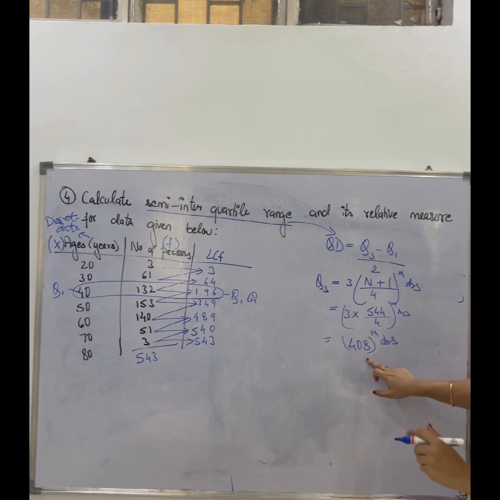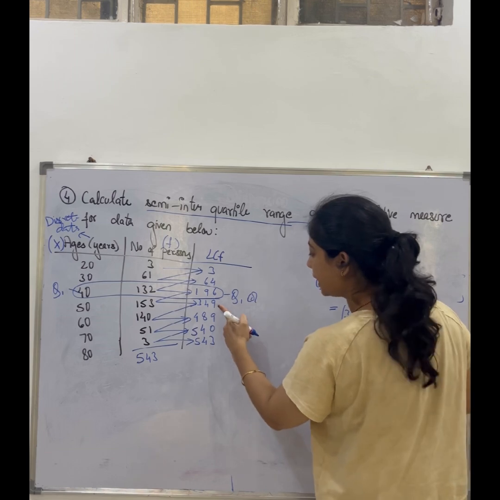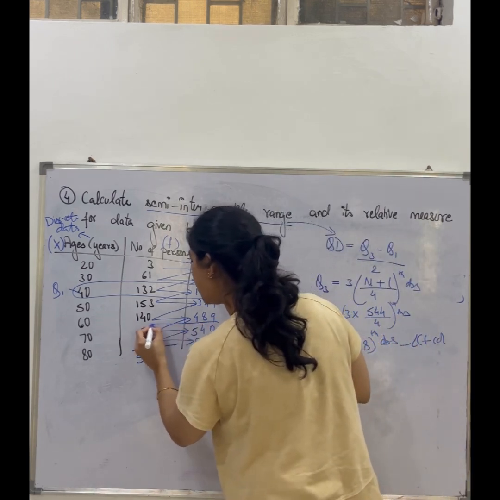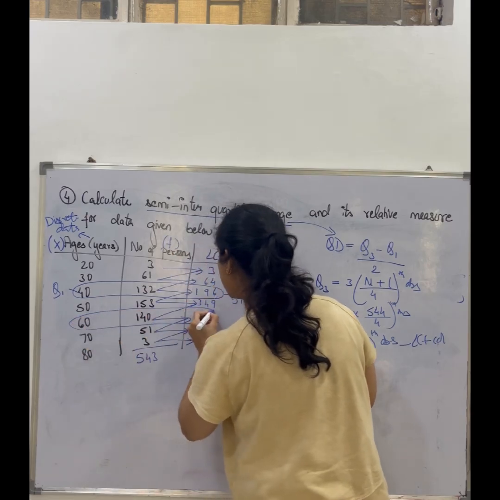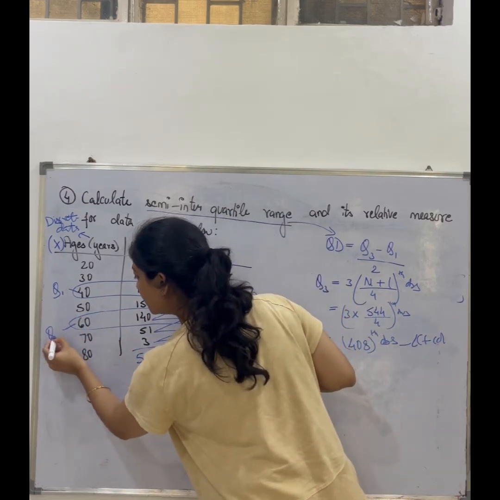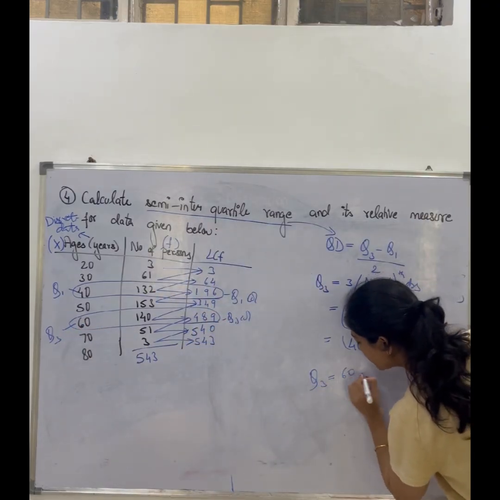Let us search this 408 in your LCF column. Where does it lie? It lies between 349 and 489. So we will consider the higher one, which is this. So this will become your Q3 row, and the value of Q3 will be 60. So Q3 is equal to 60.